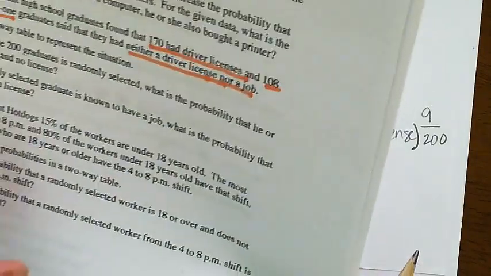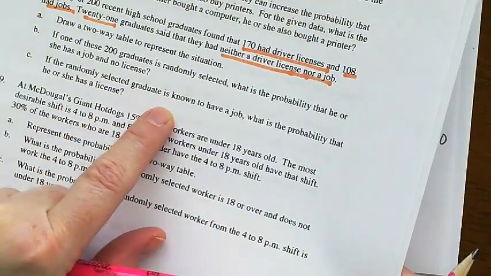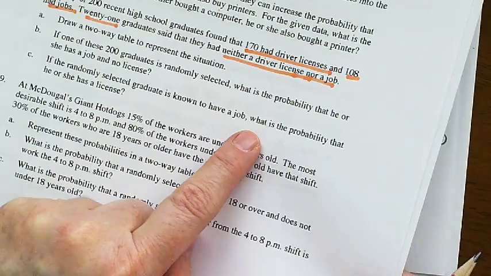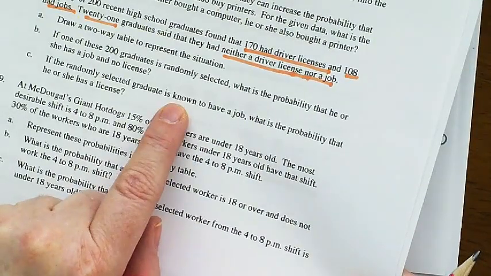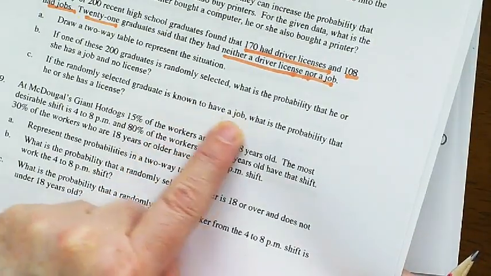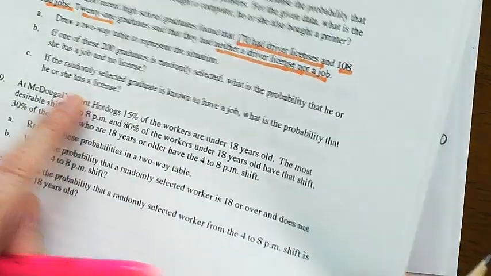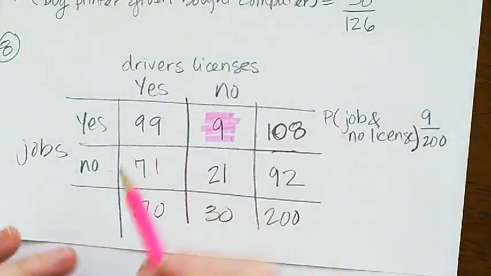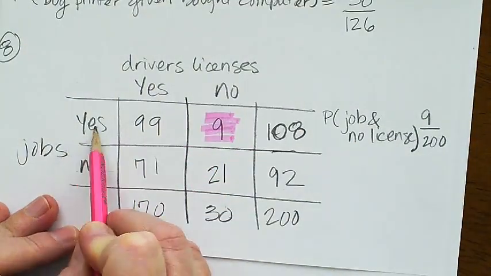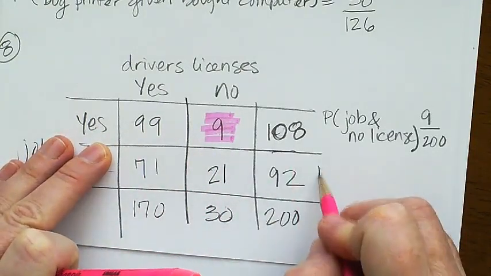Okay, and then if the randomly selected graduate is known to have a job, so that means you're only looking at people who have jobs. What's the probability that he or she has a license? So if I look at jobs, yes for jobs, that's 108 people.